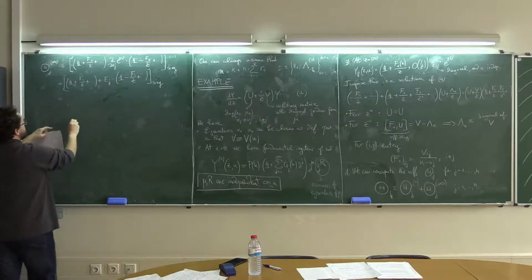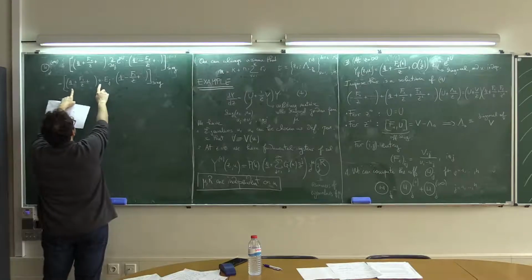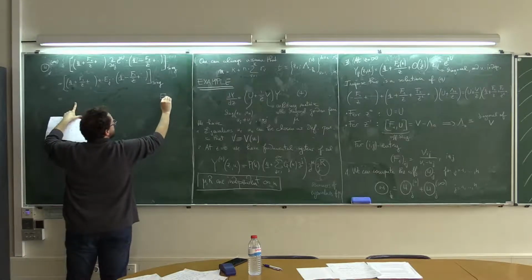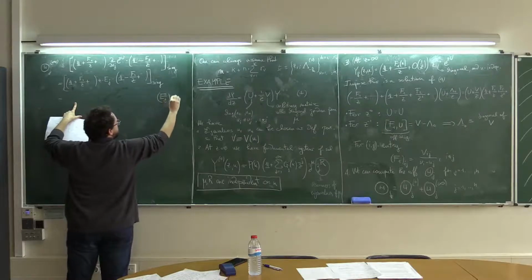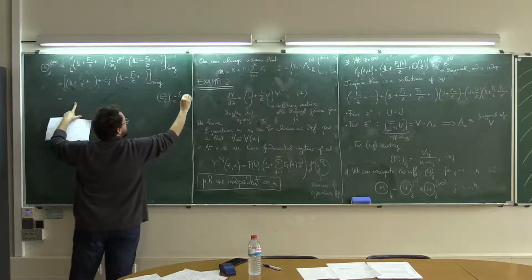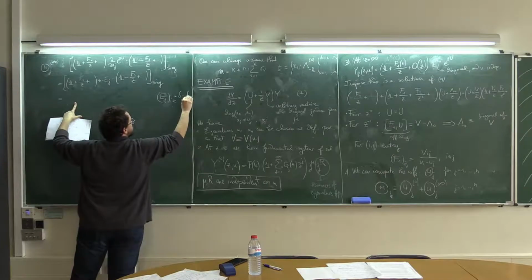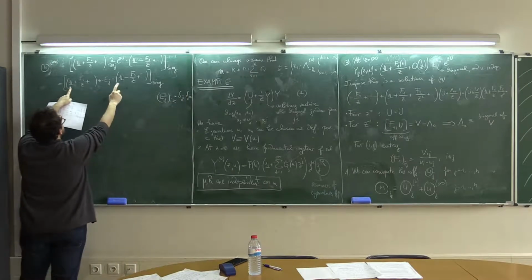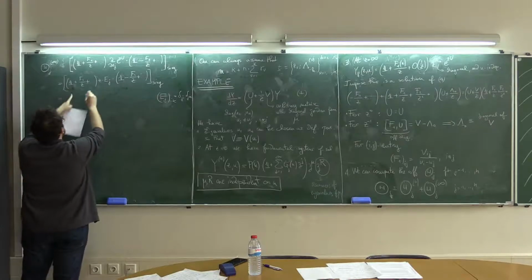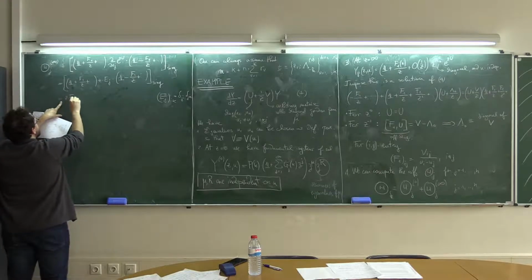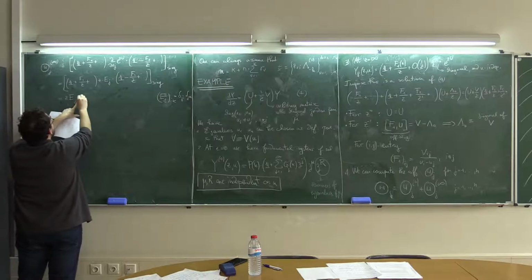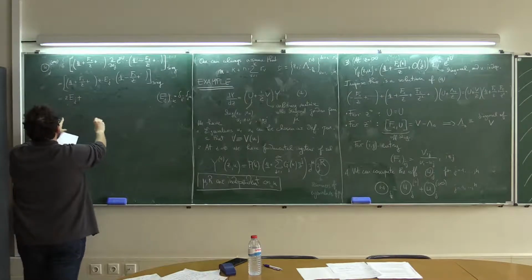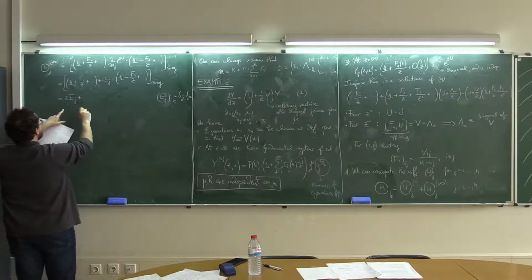So for positive powers of z, we have z ej, and this is the only positive power of z.